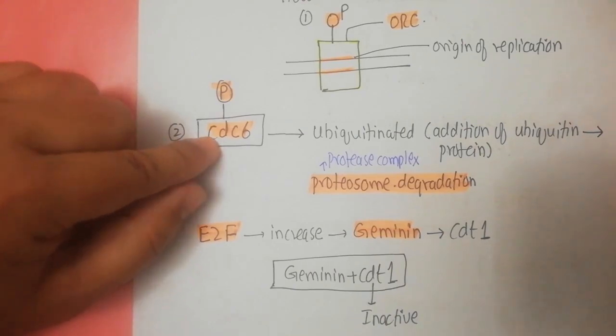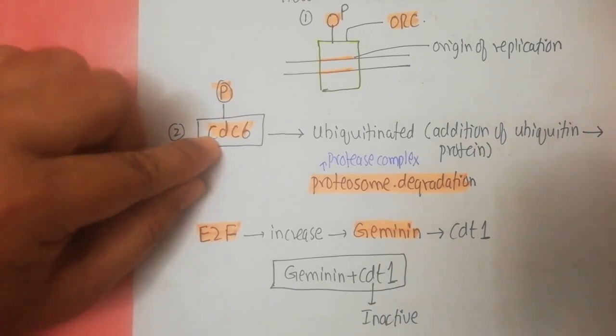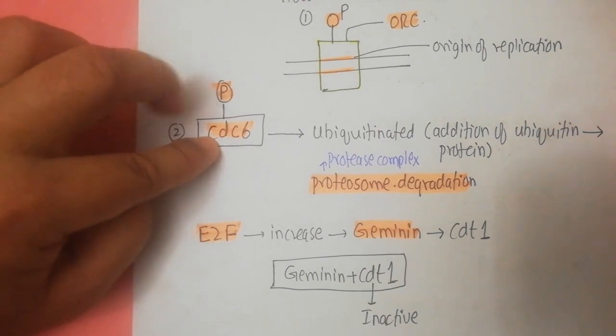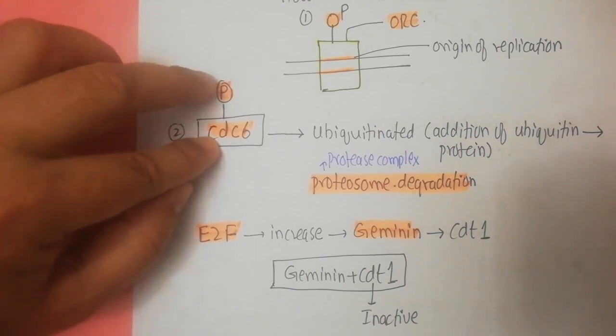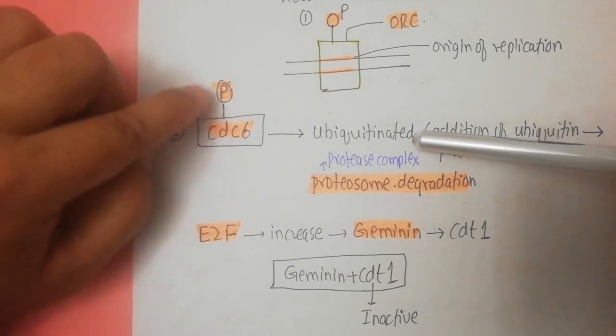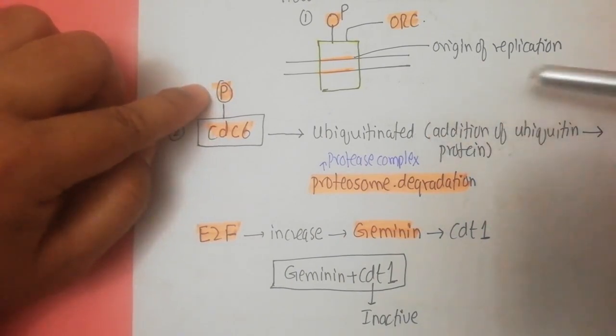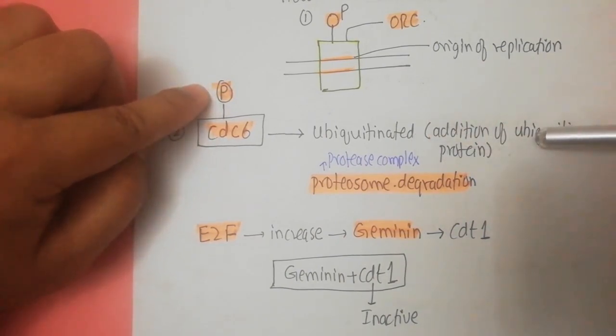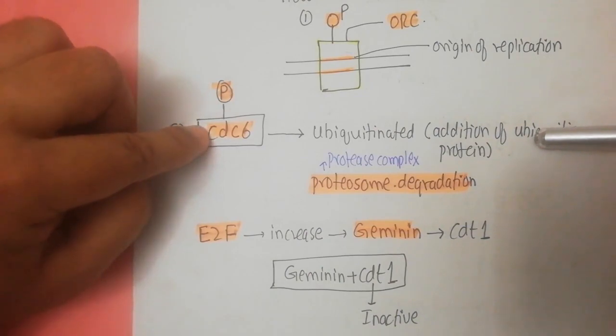Now the SCDK is also going to phosphorylate CDC6. Once CDC6 is phosphorylated, it is destined for ubiquitination. By that I mean that when CDC6 gets a phosphate group, another protein known as ubiquitin is going to attach to CDC6.